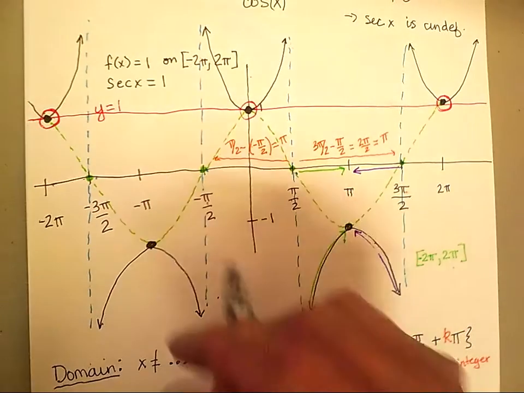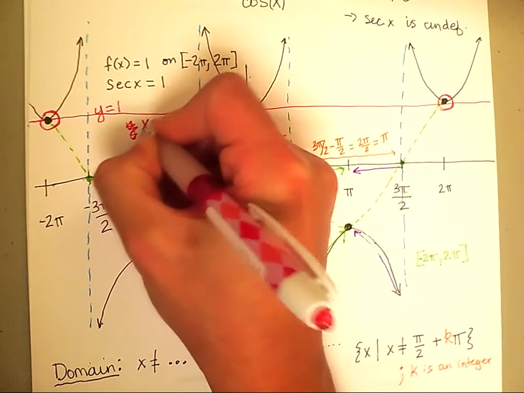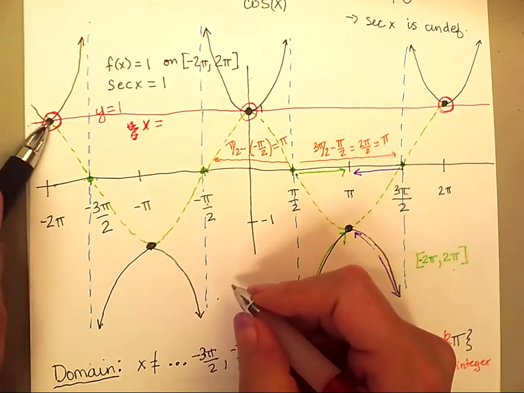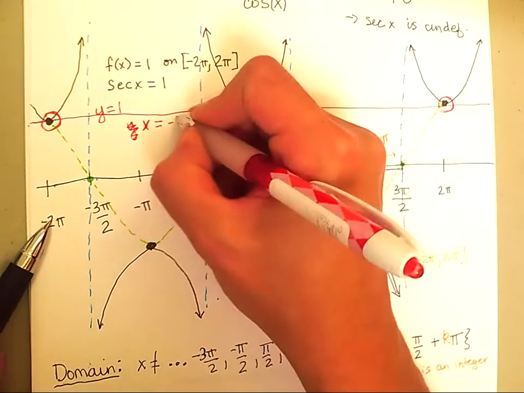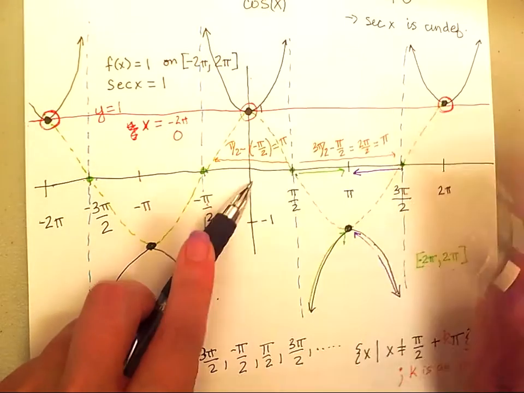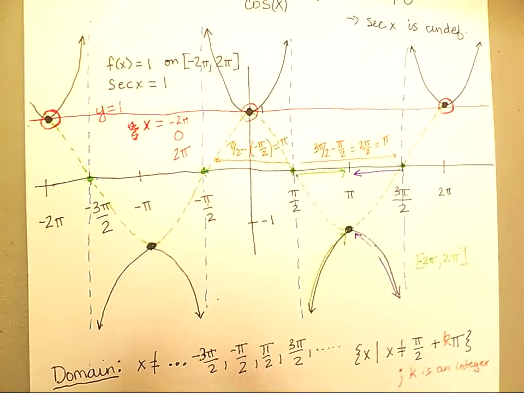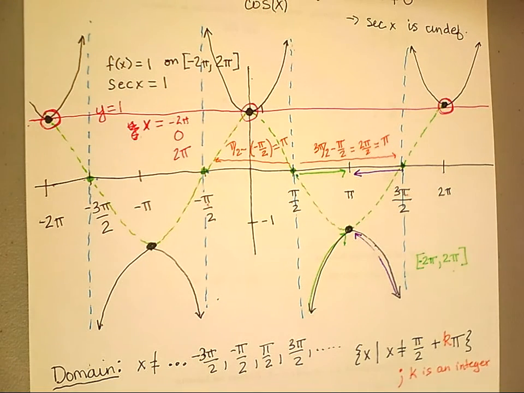So from here, with these intersection points, we can see that x must be equal to -2 pi, here is 0, and here is +2 pi. So solving graphically, if you know your graphs, is very, very helpful.